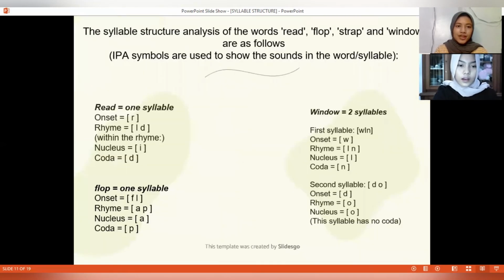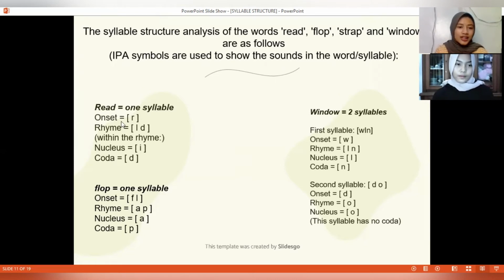Next. The syllable structure analysis of the words read, flat, and window are as follows. IPA symbols are used to show the sounds in the word or syllable. Read is one syllable.